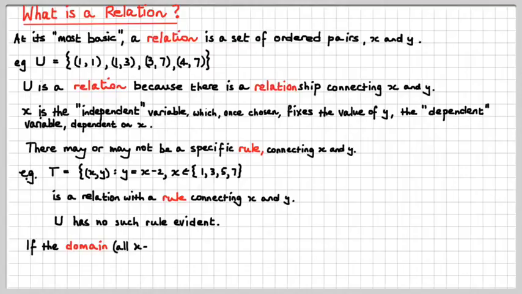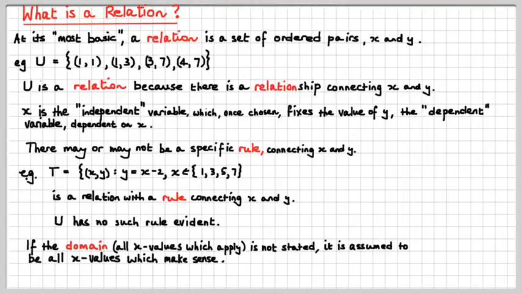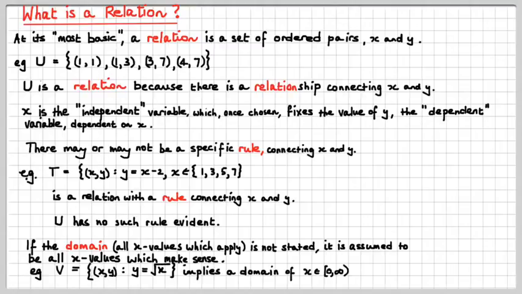Now, if the domain, that is all of the x values which apply to the relation, is not stated, it is assumed to be all of the x values which would make sense. That's called an implied domain. Yes? Good. Okay, there's another one for you. V is the set of numbers (x, y) such that y is root x.